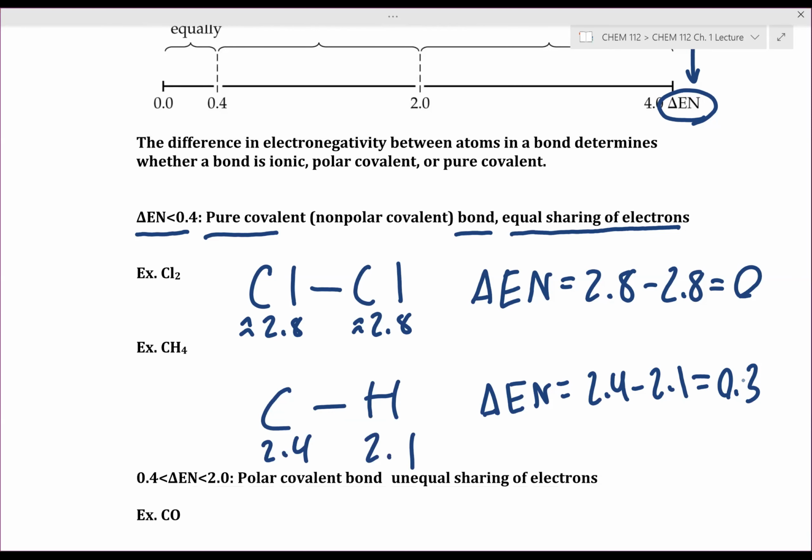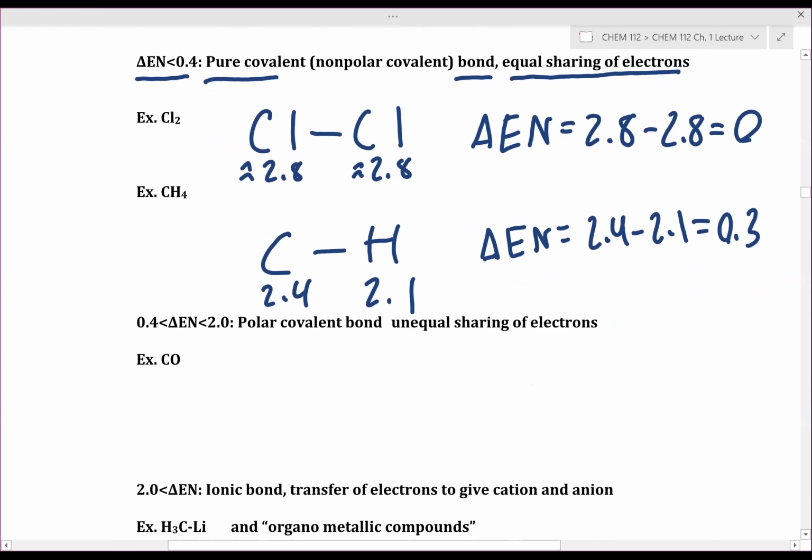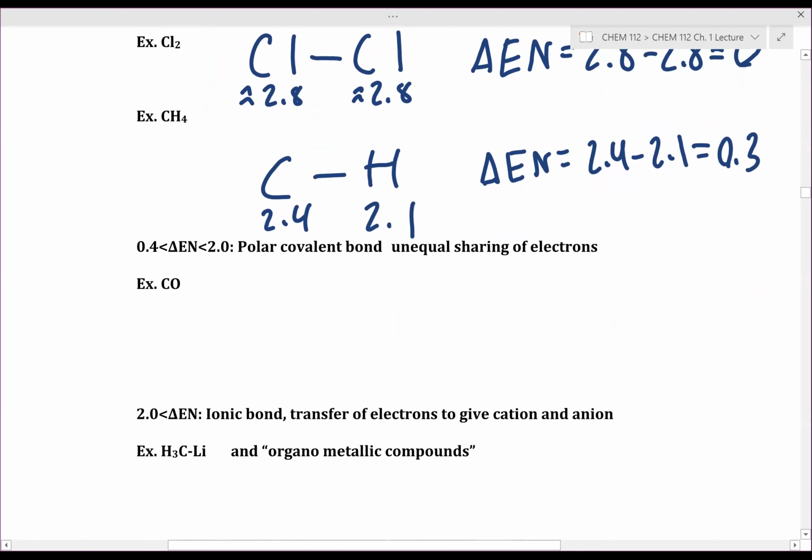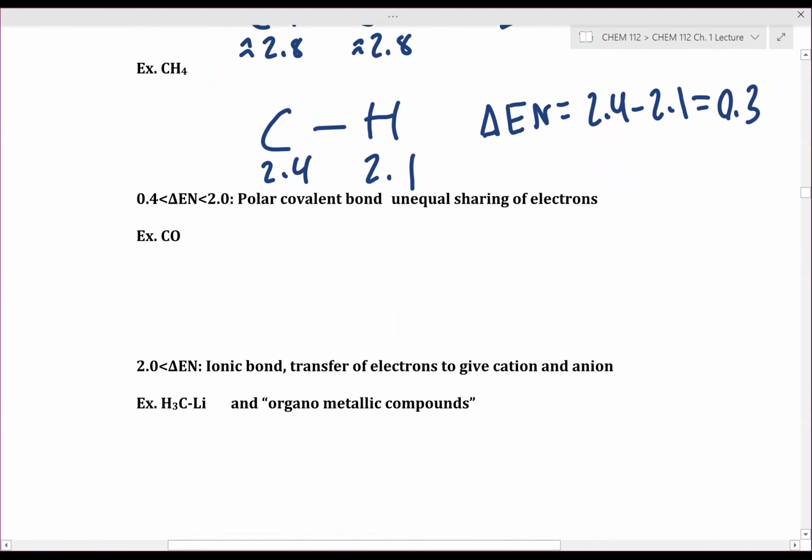Now, where things get a little bit interesting and where the majority of our organic compounds exist are in the polar covalent bond domain. If our difference in electronegativity is greater than about 0.4, we have what's known as a polar covalent bond. This involves an unequal sharing of electrons. So for example, in carbon monoxide, which looks a little bit like this, we have a carbon-oxygen triple bond.